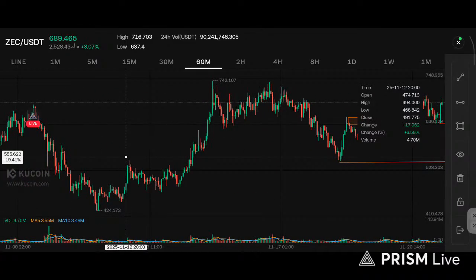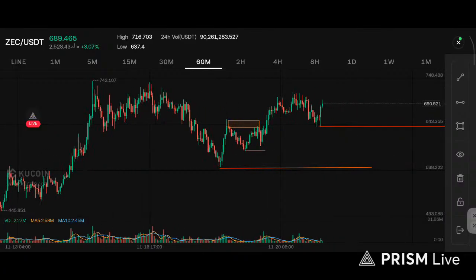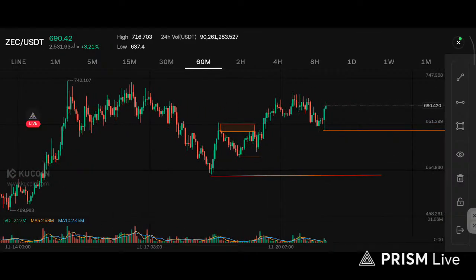So why this market is going up and why BTC still keeps falling down is that when we talk about the volatility factor, we know that Bitcoin is a heavyweight champion in the crypto space, and it moves slower. It doesn't mean it moves faster. It moves slower.